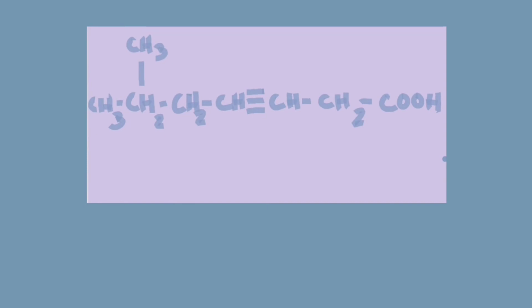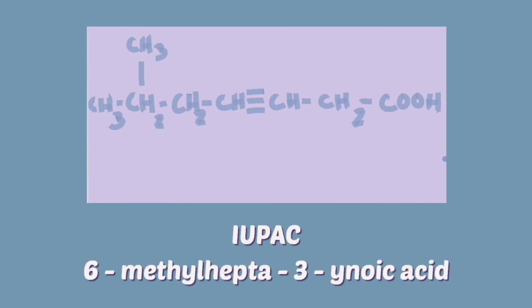Now we have an expanded form for carboxylic acids, and the IUPAC name of this is 6-methylhepta-3-enoic acid. Take into consideration that COOH there is an extension to the carboxylic acids. First, we got our 6 there because there is an attachment found on the 6th carbon.